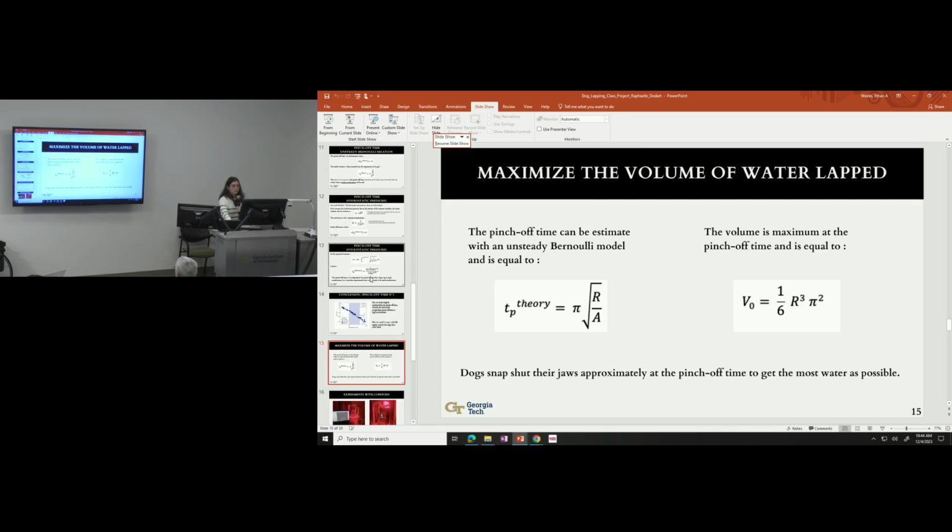So to maximize the volume of water lapped, the pinch-off time can be estimated with an unsteady Bernoulli model, and with this equation the volume can be computed with the radius of the tongue.